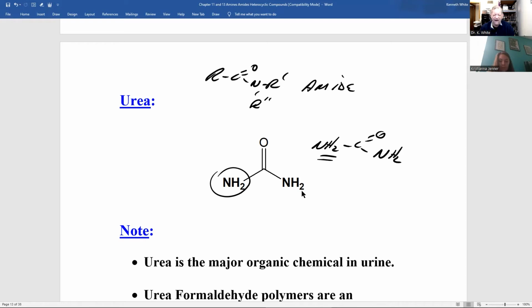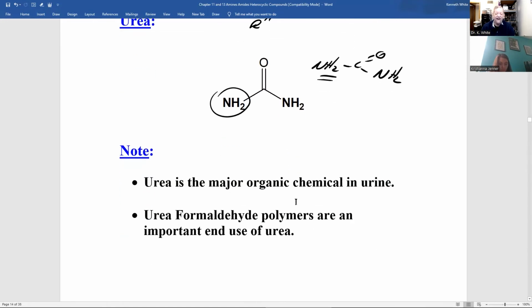And here my R of the amide is NH2. And this is called urea. And urea at room temperature is a white powdered solid that's highly soluble in water. And it's the major organic molecule or chemical in urine.